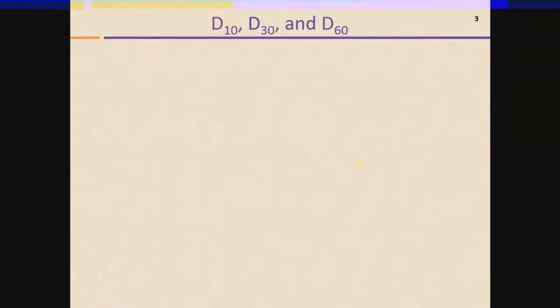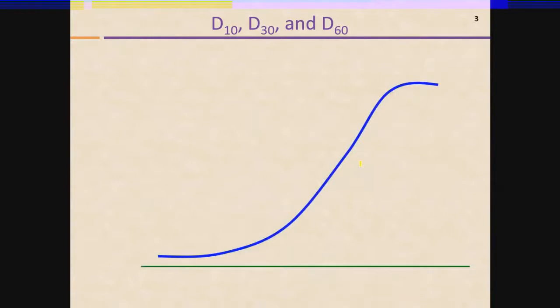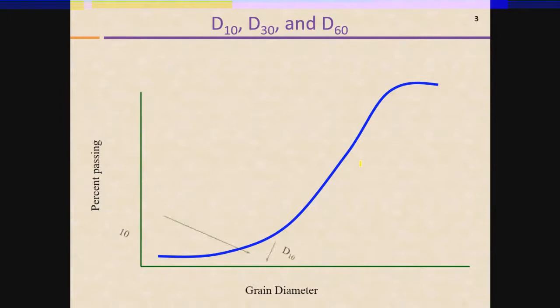Now, D10, D30 and D60 values. For this, we will be needing a gradation curve which is drawn between percent passing on y-axis and grain size on x-axis. Now let us find the value of D10 from that particular graph.